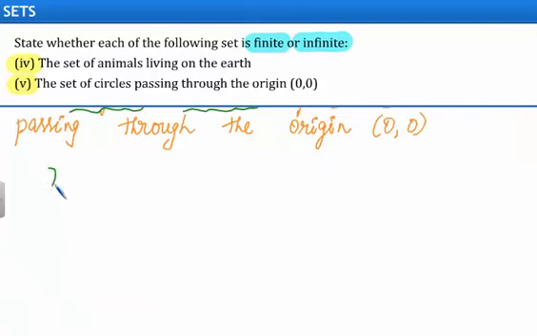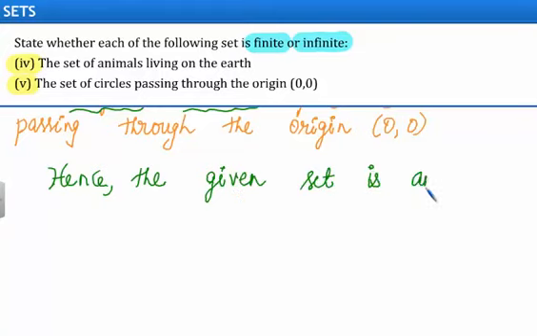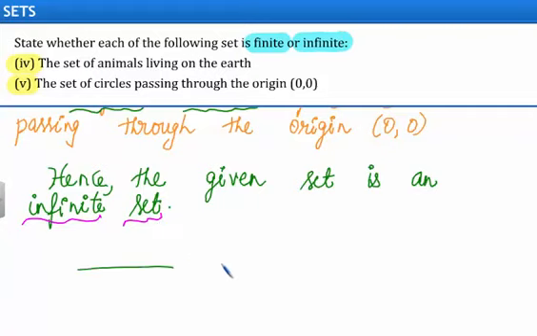Hence, we can say that the given set is an infinite set, since it consists of infinite number of elements. This completes the solution.